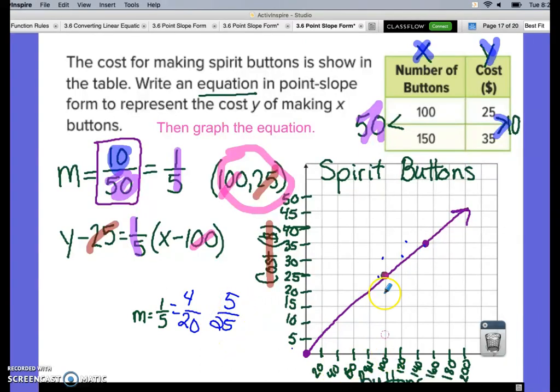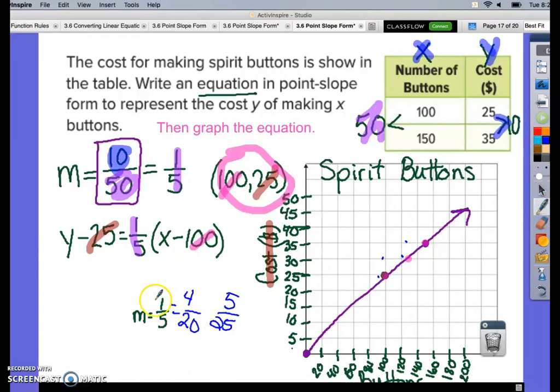So if you go up 5, so from 25 to 30, that would be up 5, and I could go over 25. So 100 to 125 would be about right here. I could also go up 10 over 50. That's why I got right in the middle of 140 and 160 would be 150.